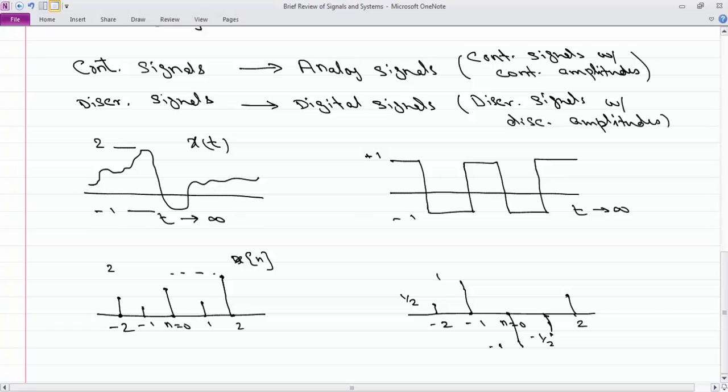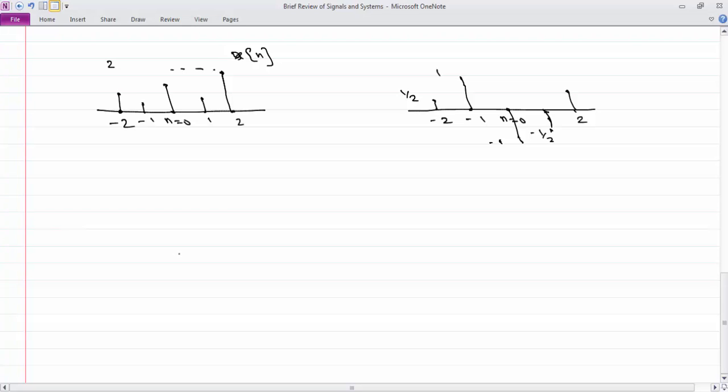Maybe it can take 0, but nothing else. So now the amplitudes can only take a certain finite number of values, and this is a digital signal in the strict possible sense. n is discrete and the amplitude is also discrete. So that's just a brief understanding of the terminology of signals in terms of mathematics.